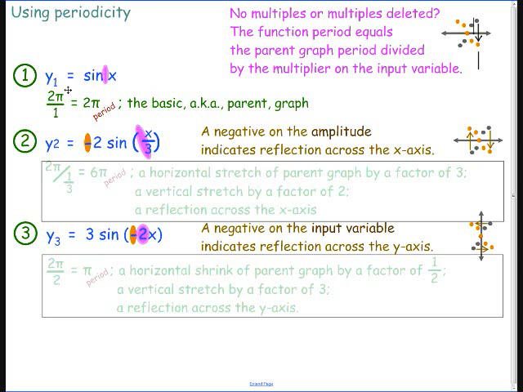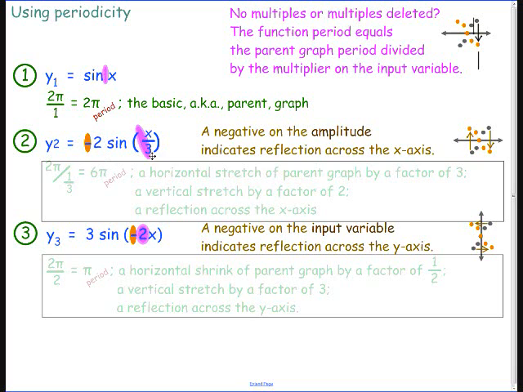Okay, here we are with the parent graph. What's our frequency? It's 1, right? And we know for our parent graph the period is 2 pi. That's what we ordinarily see.